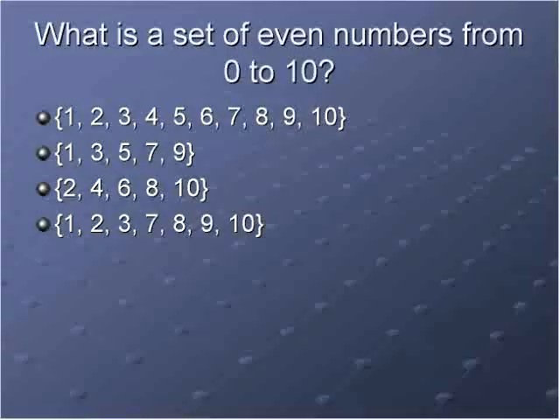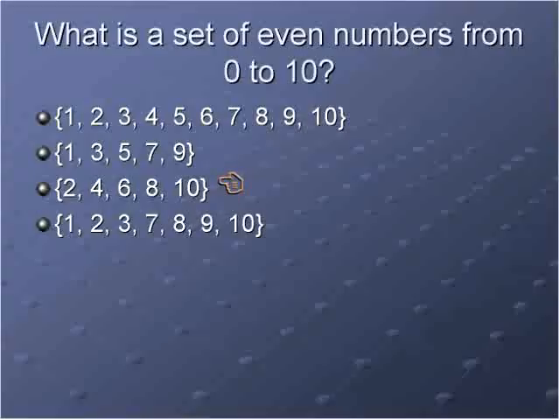First off, what is a set of even numbers from 0 to 10? If we look at these 4 options, which one is the set of even numbers from 0 to 10? None of them are, are they? None of them contain all of the even numbers from 0 to 10. This one here is pretty close, but it needs to have the number 0.